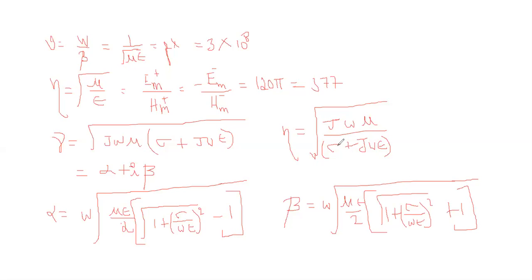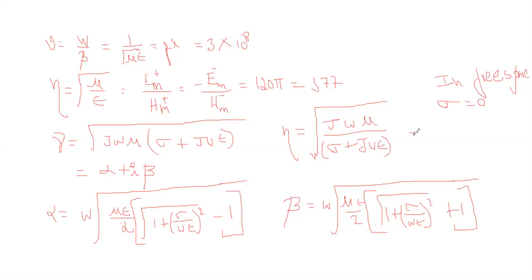You see here, sigma plus j omega epsilon. In free space, the conductivity is 0, means sigma is 0. If sigma is equal to 0, then j omega mu by j omega epsilon. So in free space, means a perfect dielectric, the conductivity sigma is equal to 0.